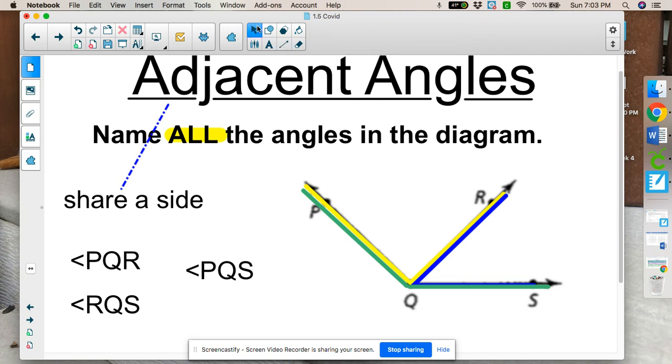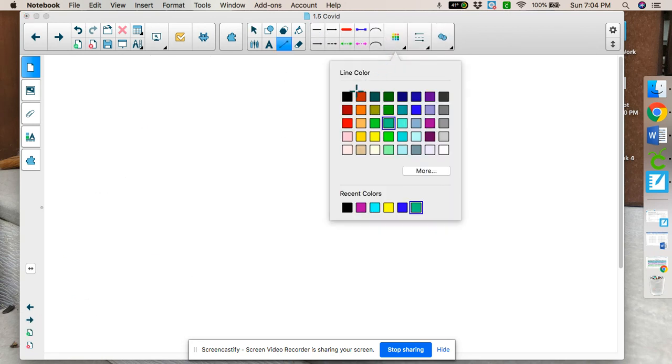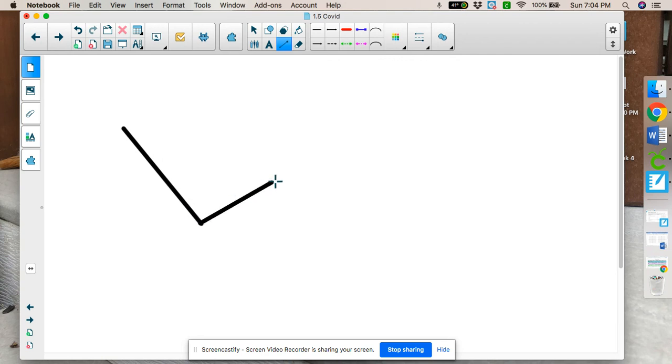So the adjacent angles would be the yellow angle PQR and then the blue angle RQS, because they are right next to each other and they share a common side. I don't want you guys to get confused. If I were to draw two angles like this, an angle here and then an angle here, these are not adjacent angles.